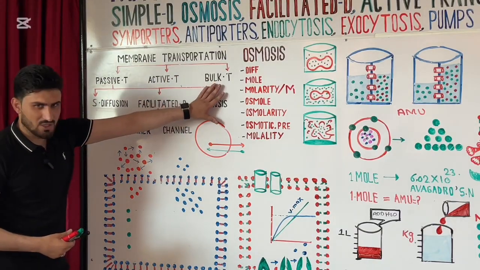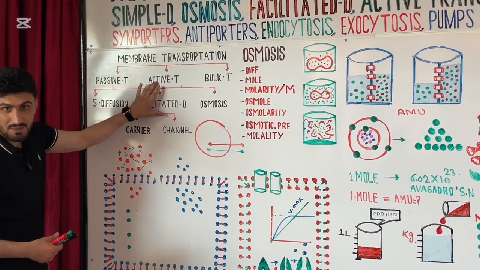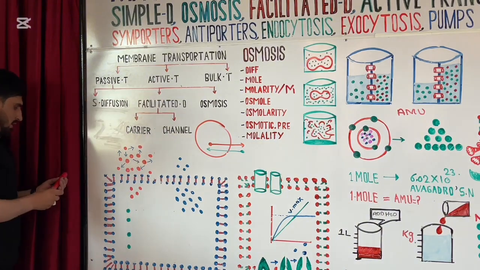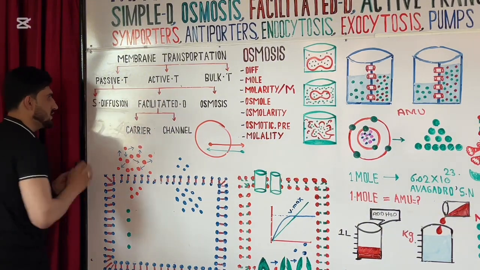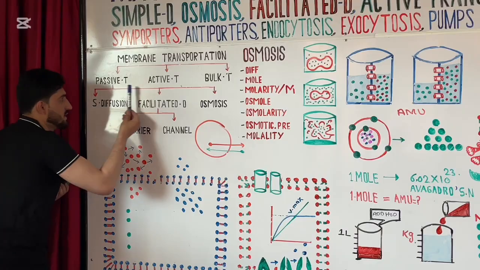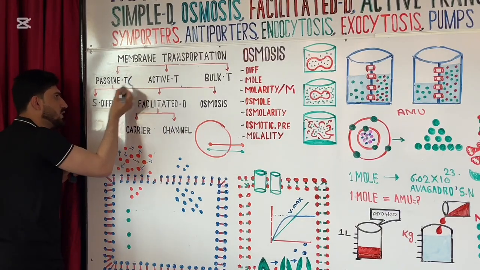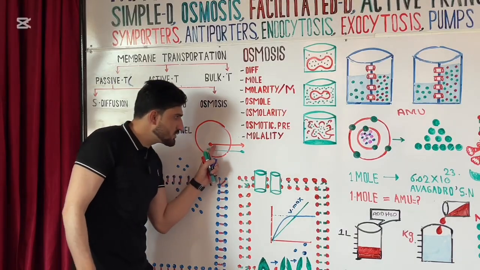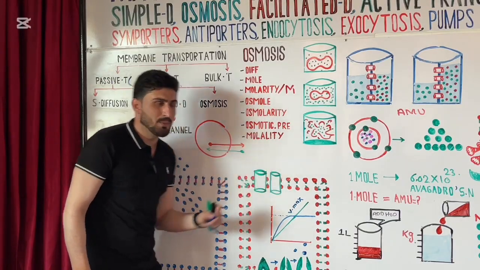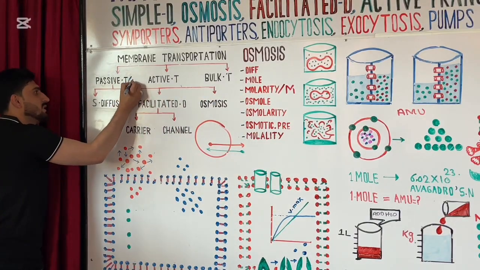Actually, bulk transportation is under the category of active transportation. One important point between these two is why one is called passive and the other active: in passive cell membrane transportation, when molecules move through the cell membrane, they don't use energy or ATP.